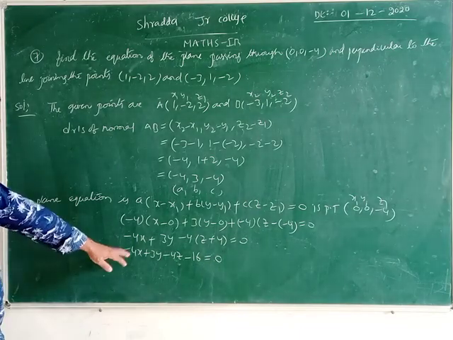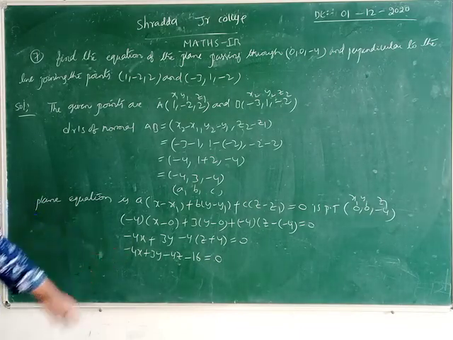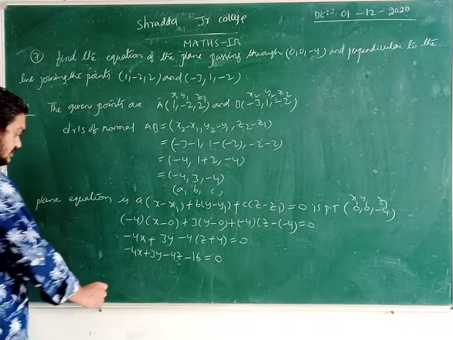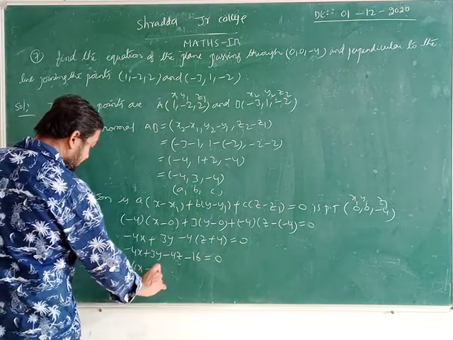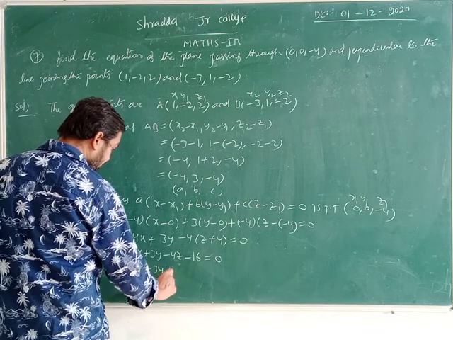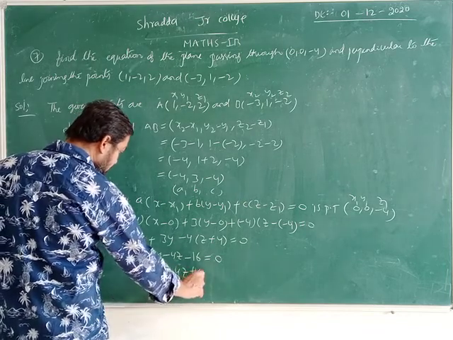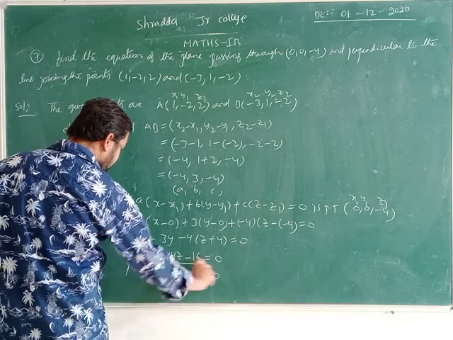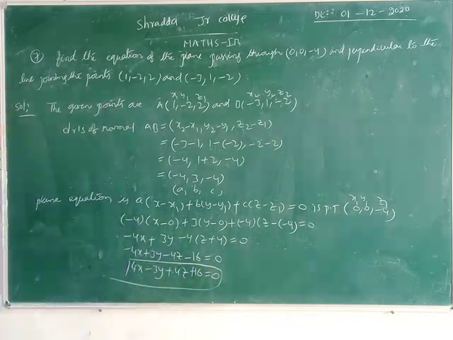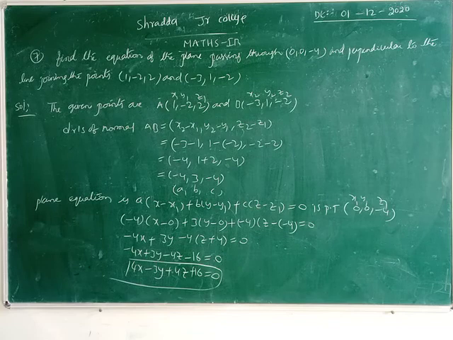Now this plane equation is multiplied by minus 1. So what are we getting here? 4x minus 3y plus 4z plus 16 equals 0. Now this is our required plane equation. You see the next problem.